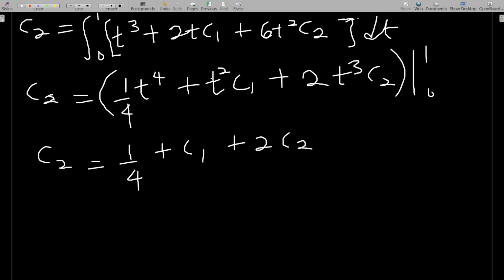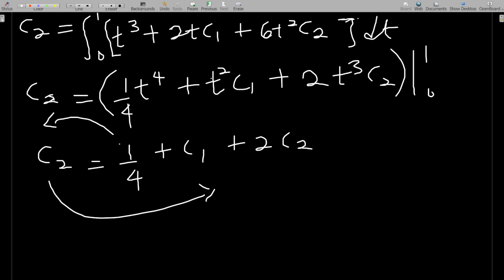So bringing everything to the other side. Let me do it straight, and I hope you understand. I'm taking C2 from this side to this side, and I'll take 1 over 4 from this side to this side.